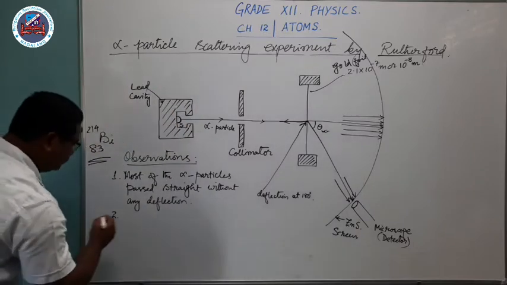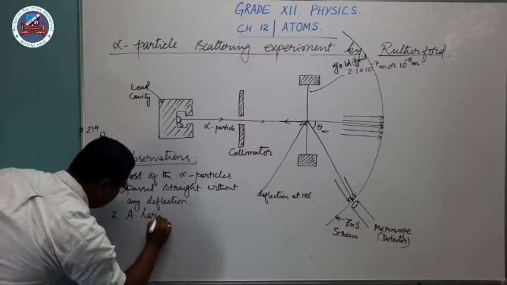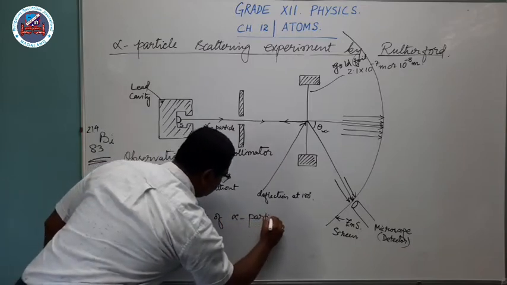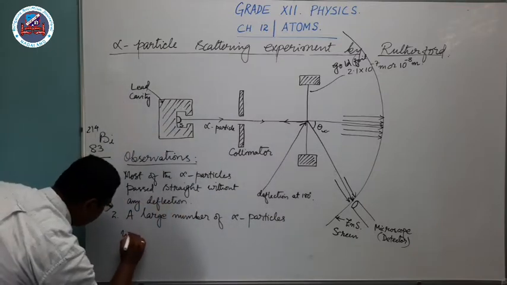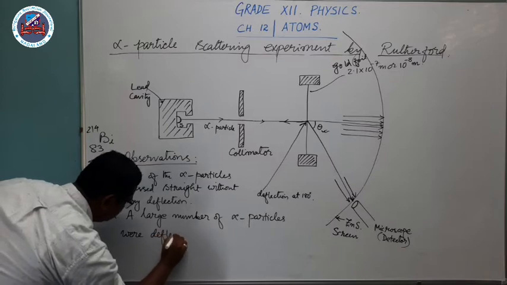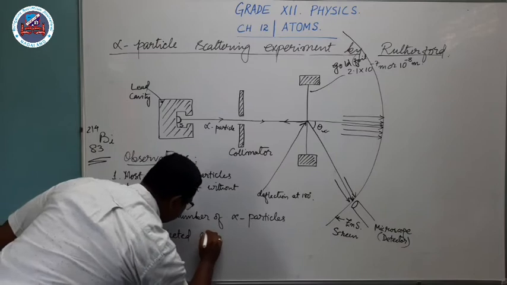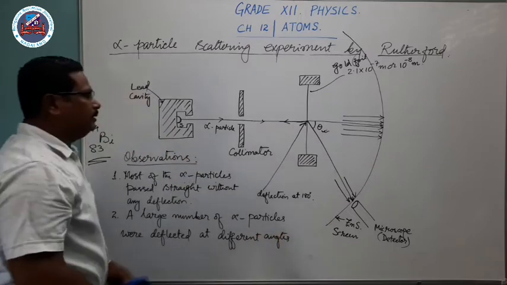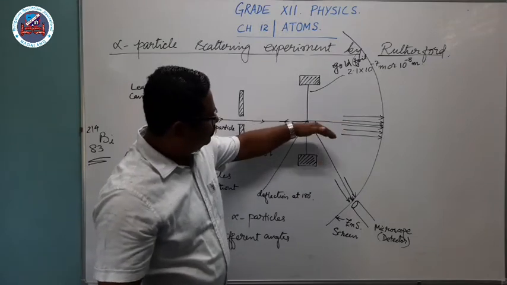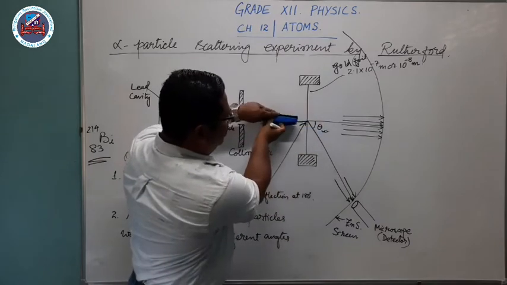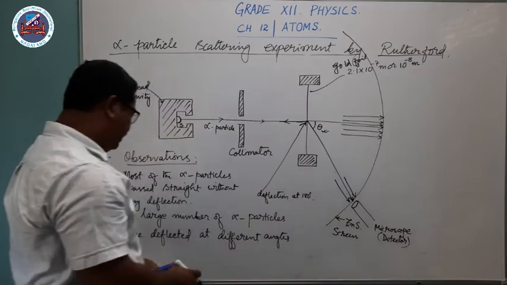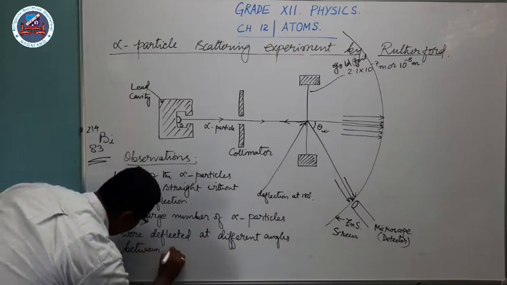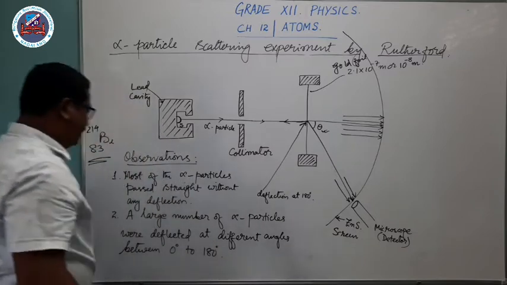So a large number of alpha particles were deflected at different angles, between 0 degree to 180 degree. That was the second observation.